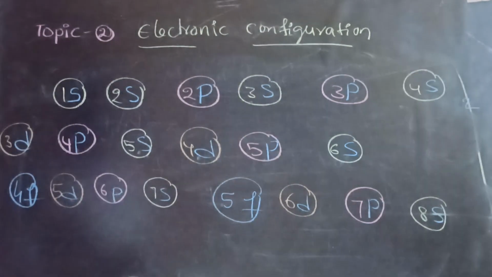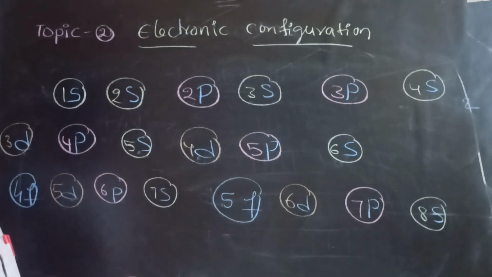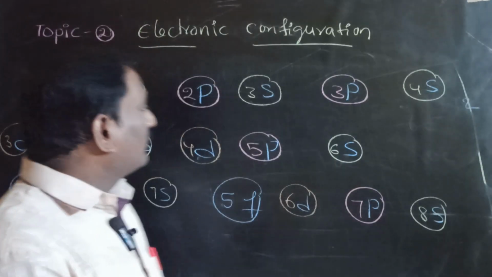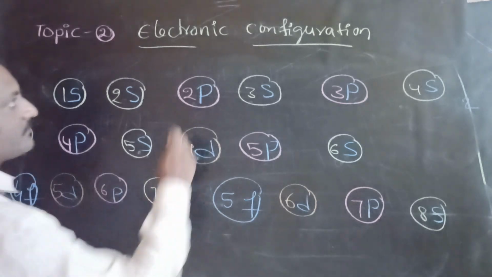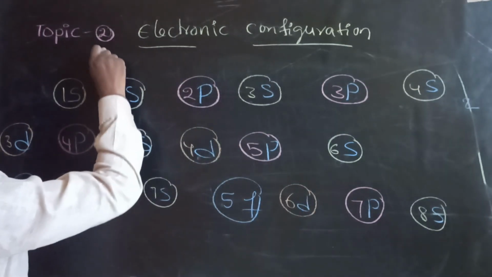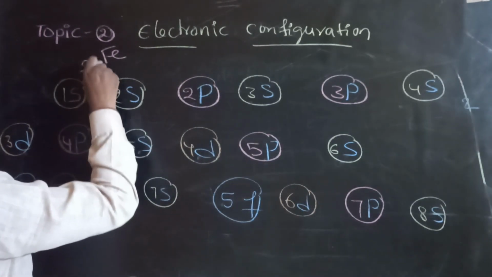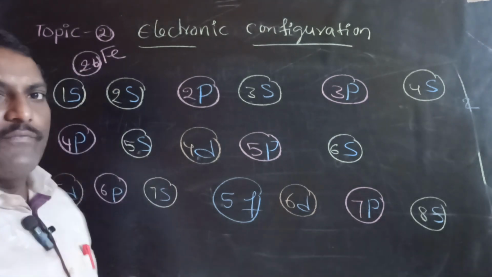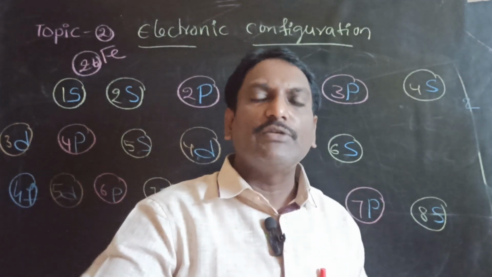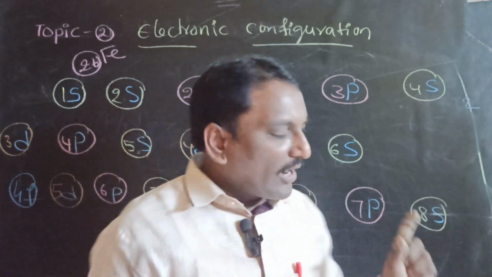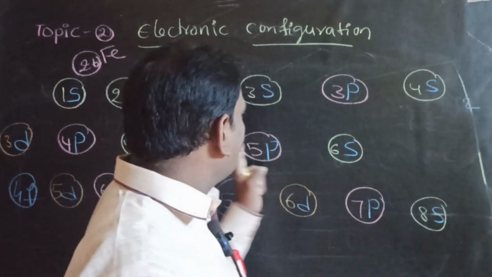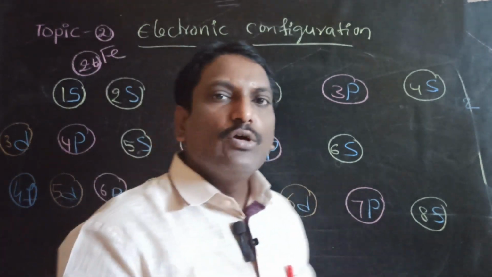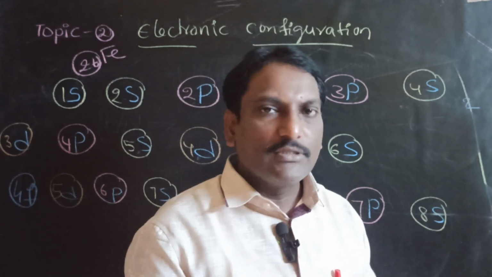Right. So now let us write electronic configuration for one element. Let us take iron. Listen to me. Iron atomic number 26. What is electronic configuration? Distribution of electrons in various shells of an atom. According to their increasing energy order, we need to fill the electrons in the subshells.